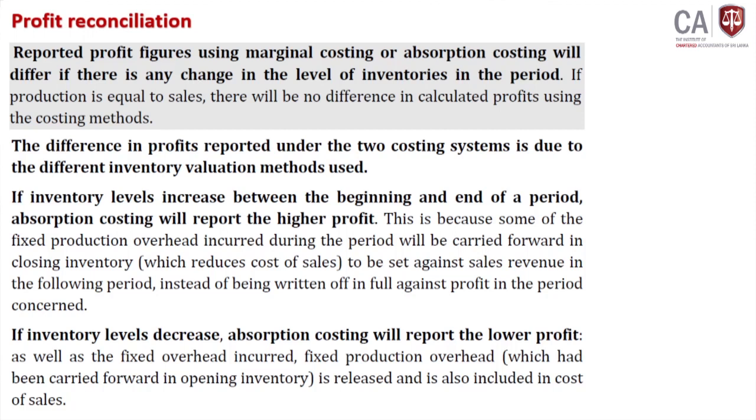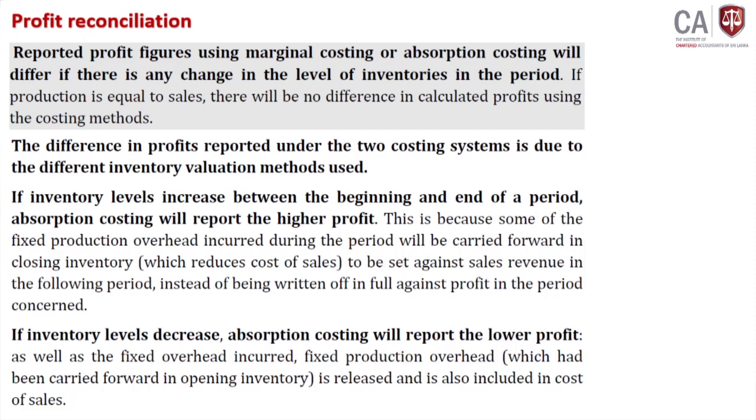But if there is a difference between opening and closing inventory, definitely the profit reported according to marginal costing will be different from absorption costing. The difference in profit reported under the two costing systems is due to the different inventory valuation methods used, right?